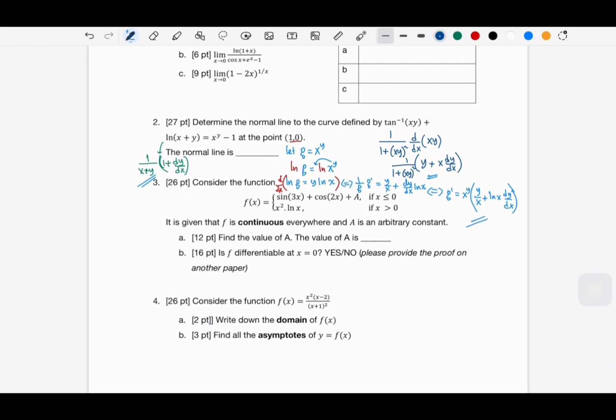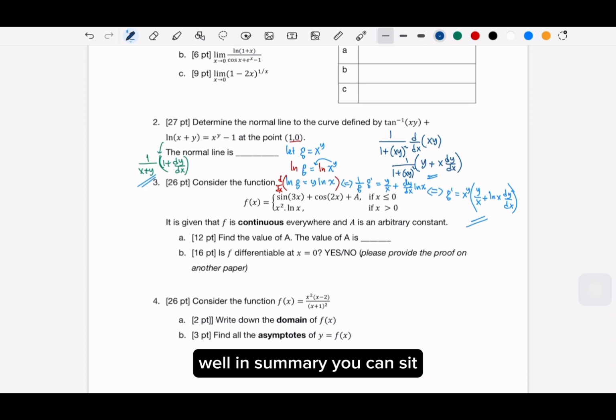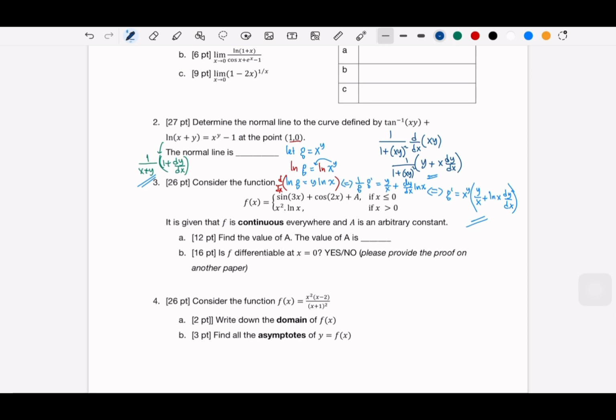We usually say arbitrary constant, which means it can be any number for that constant. Well, in summary, you can just ignore that. Okay, which one? 1, 2, 3, 4. Number 4 is sketching the curve. Any idea? Number 3? Okay.